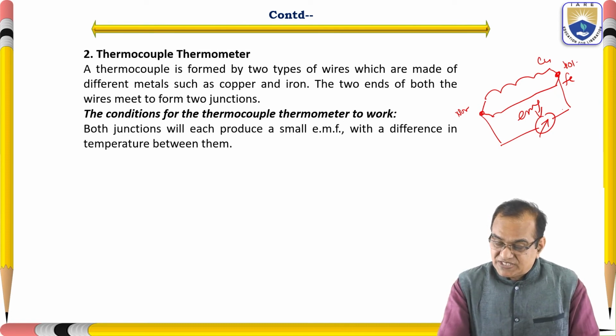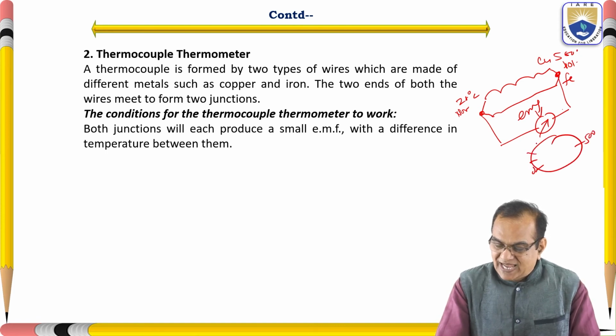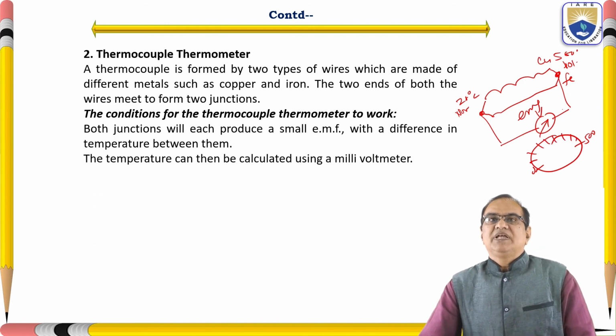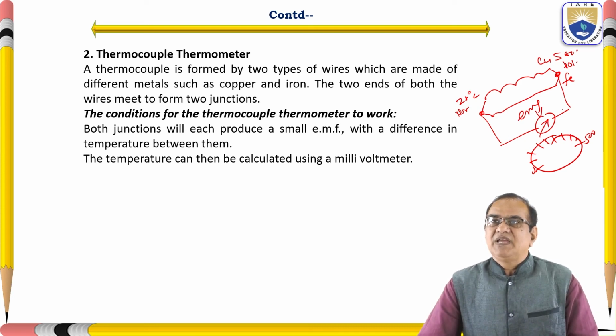Suppose it is 20 degrees centigrade atmospheric and this is 500 degrees centigrade. Accordingly, this meter will give 0 to 500 degrees centigrade, and you can calibrate this as per the requirement. The temperature can then be calculated using a millivoltmeter.